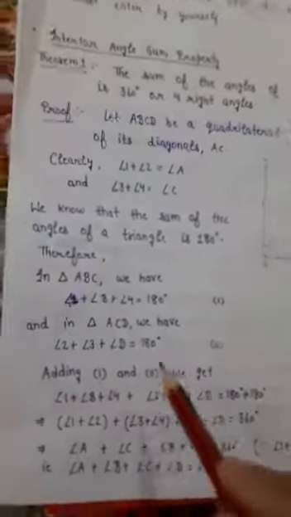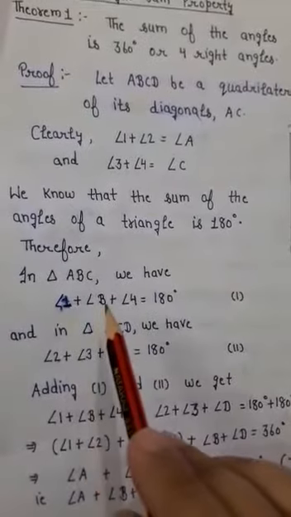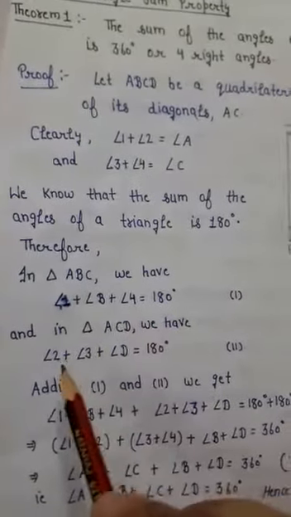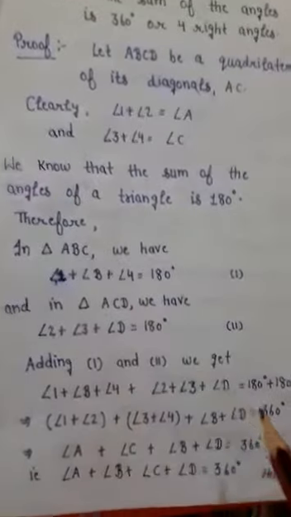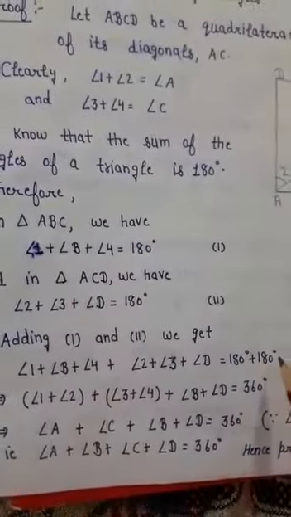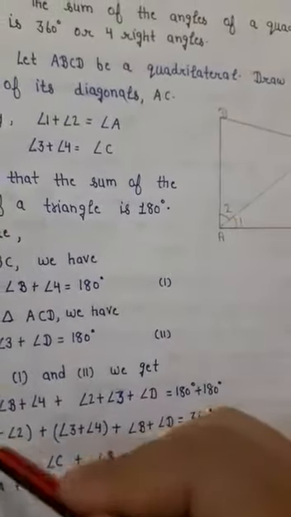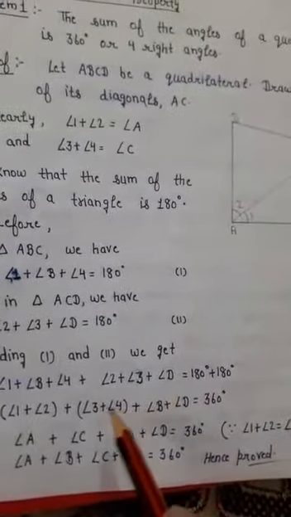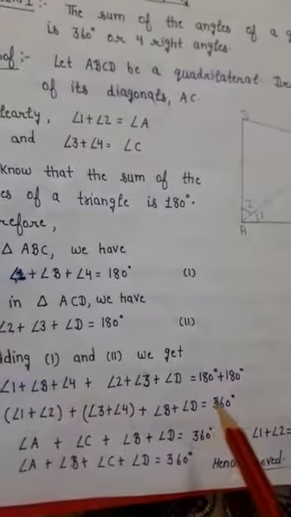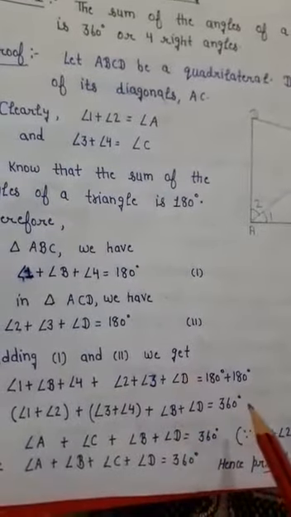I will add these two equations, left hand side by left hand side. Angle 1 plus B plus 4 plus angle 2 plus angle 3 plus angle 4 equals 180 degrees plus 180 degrees. Combine in this way: angle 1 plus 2 you have to combine, angle 3 plus 4 you have to combine, and angle B plus D equals 180 plus 180, which will be 360 degrees.